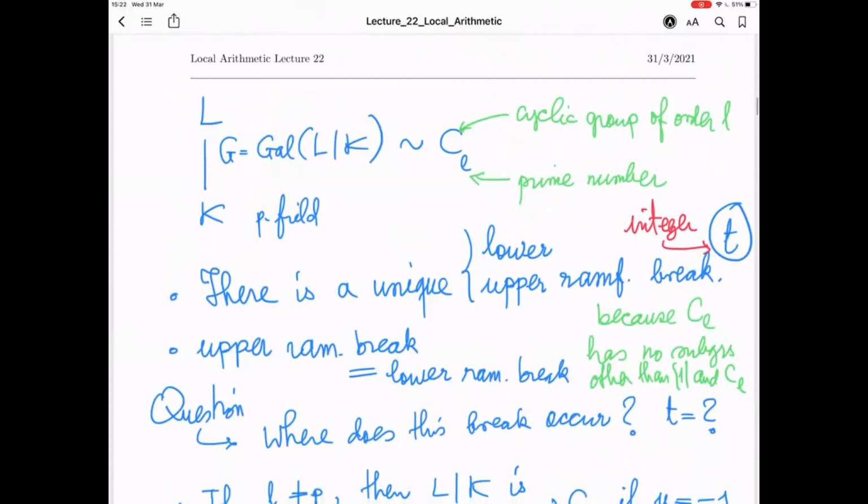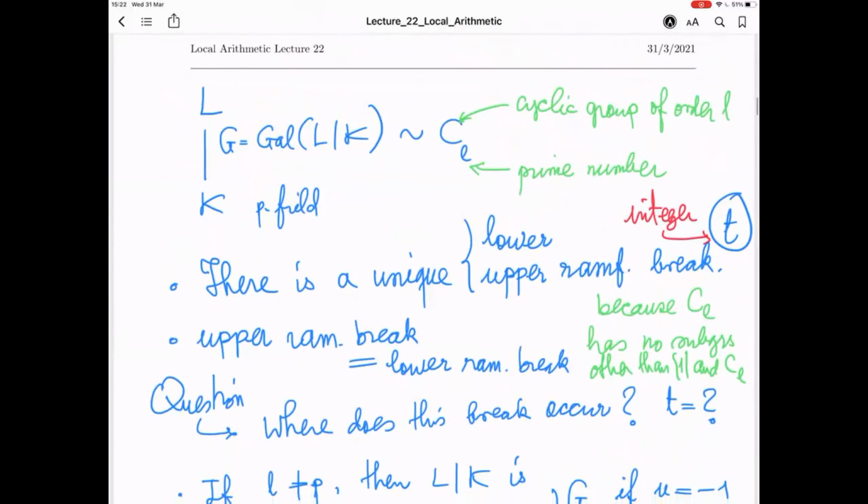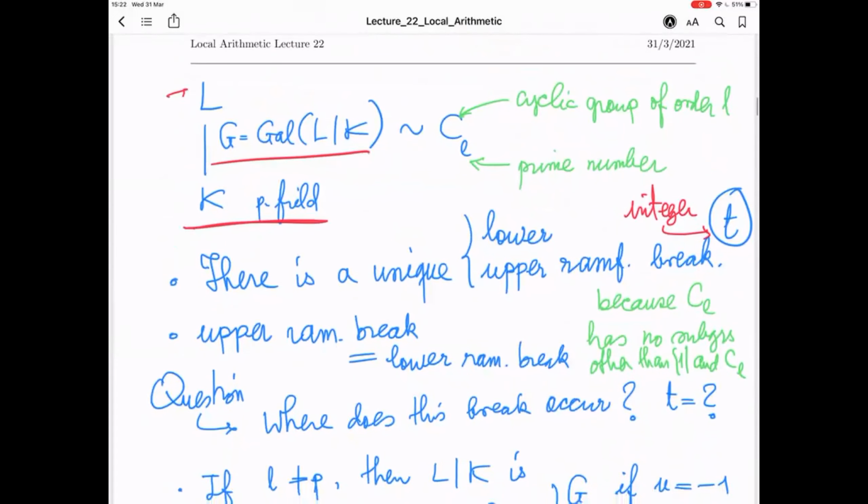Now, let's consider the special case. Let's come back to, first of all, a general p-adic field K and a finite Galois extension L of K, and assume that it is actually a cyclic extension of prime degree.